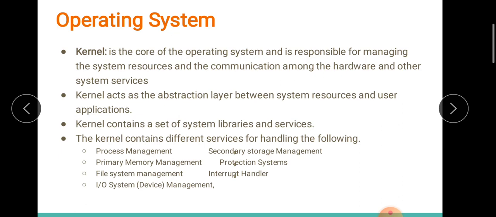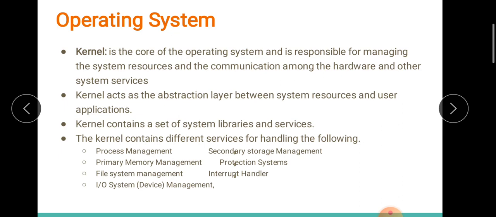The primary memory management is responsible for knowing what part of the memory area is being used, what part is now free, and what amount of memory will be required for your process.